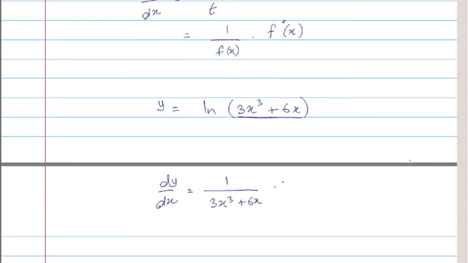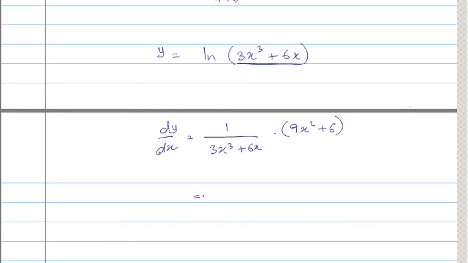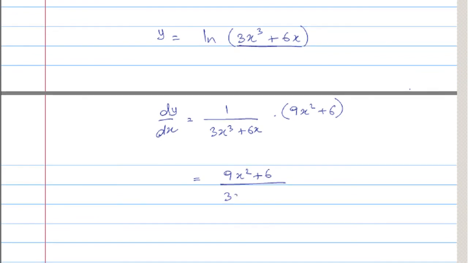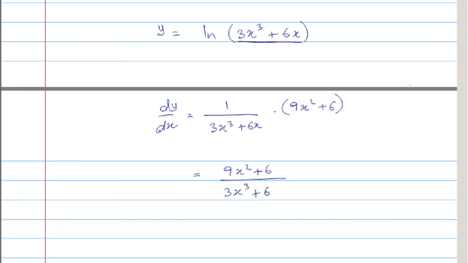So I get times the derivative of 3x cubed, that will be 9 times x squared, plus the derivative of 6x, which just gives 6. I could rewrite this as 9x squared plus 6 divided by 3x cubed plus 6x.